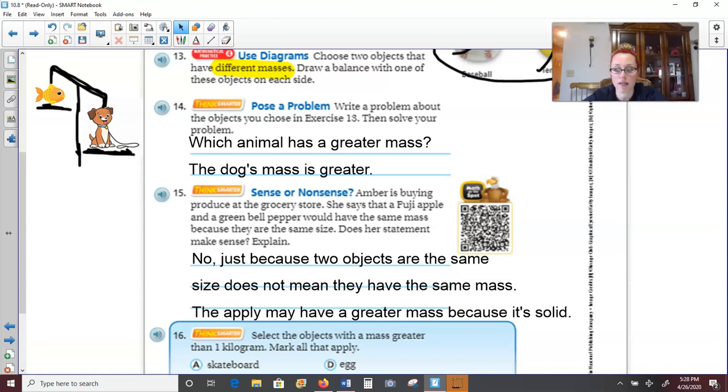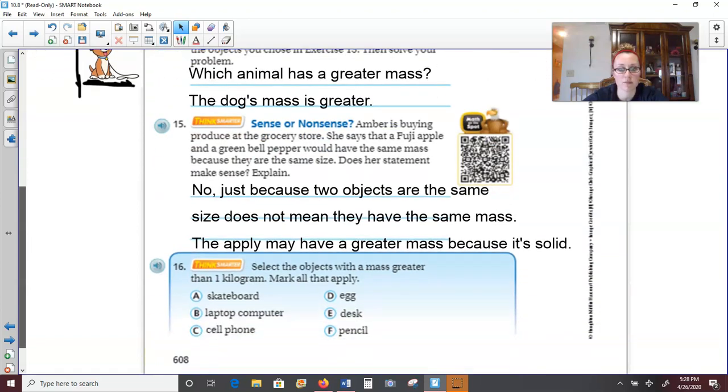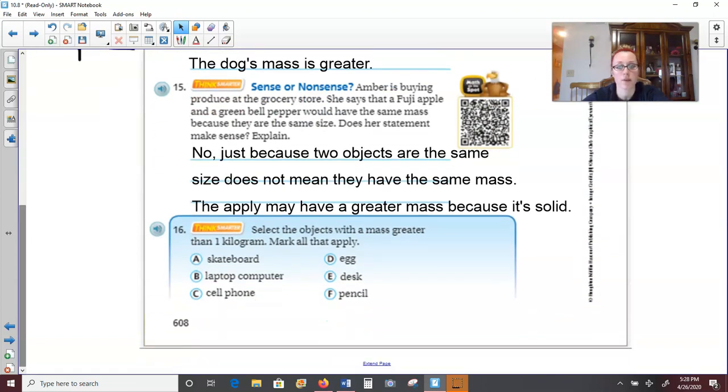All right, so go ahead and get that written down. If you need a few extra minutes here, go ahead and pause the video. Otherwise, we are on number 16, our Think Smarter. We need to select the objects with a mass greater than 1 kilogram. Select all that apply. So remember, 1 kilogram is equal to 1,000 grams.